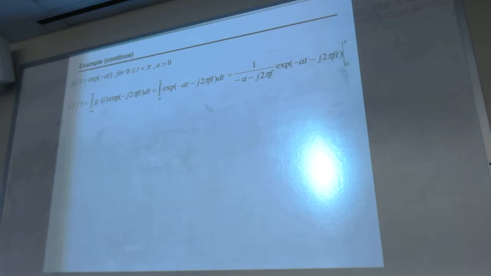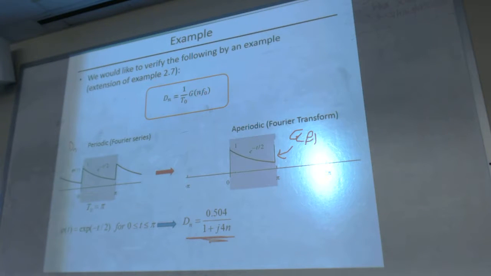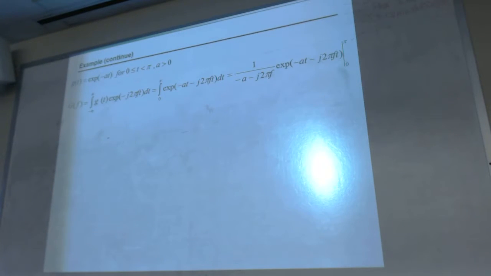This is my g of t, e to the power of minus t over 2, just between 0 and pi. Take the Fourier transform, a very simple formula: the integral of g of t e to the power of minus j 2 pi f t dt. Why did I change my boundaries from negative infinity to infinity into 0 and pi?